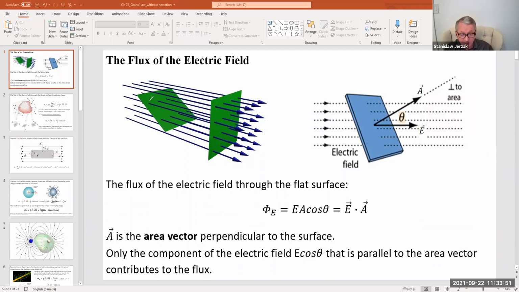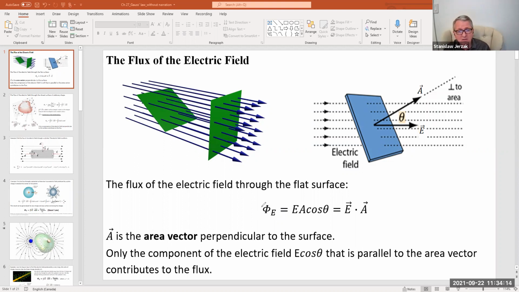And if the area would be parallel to electric field, let's say like this, if this is the area and electric field would be like my pen, parallel, then of course no electric field would pass through the area. So clearly that the flux of electric field should depend on the angle between the area and electric field.